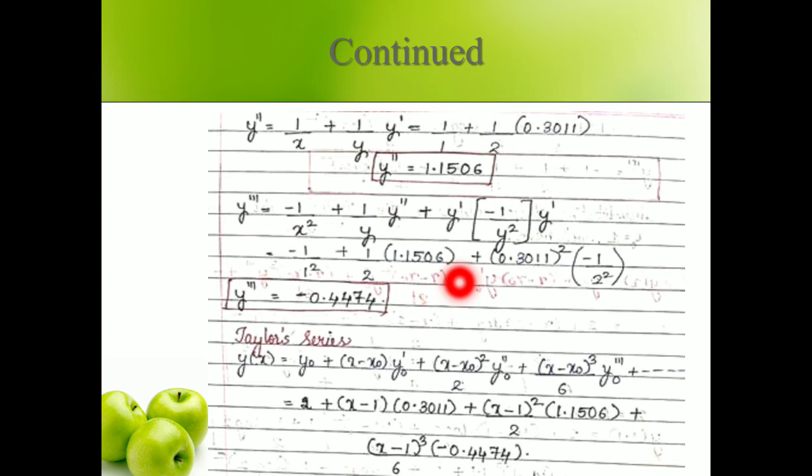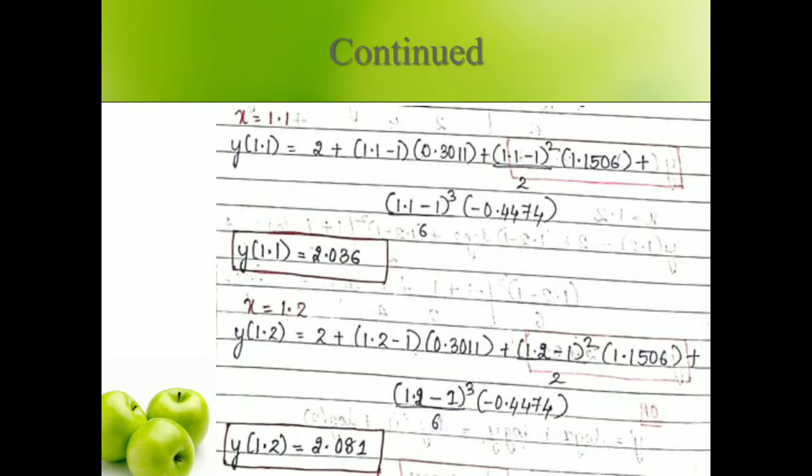We get the equation as 2 plus x minus 1 into 0.3011 plus x minus 1 the whole square divided by 2 into 1.1506 plus x minus 1 the whole cube divided by 6 into minus 0.4474.